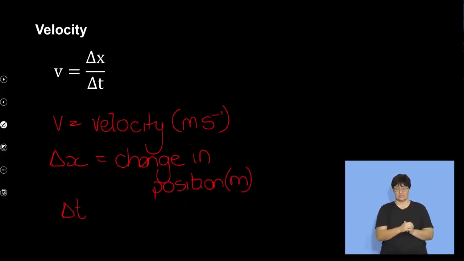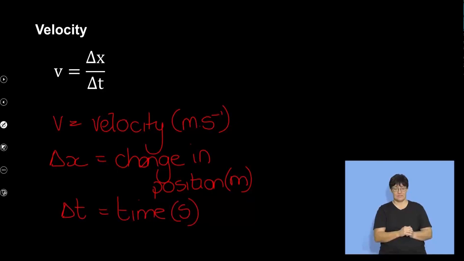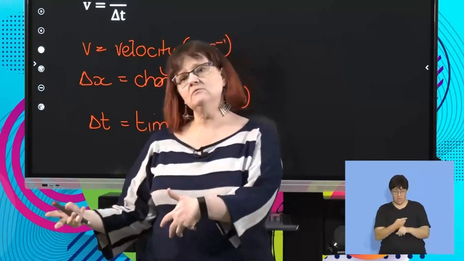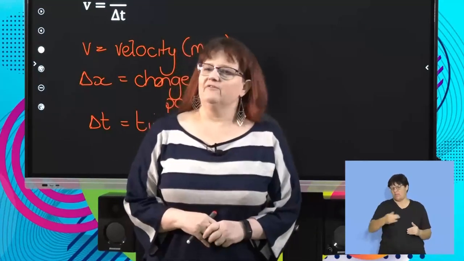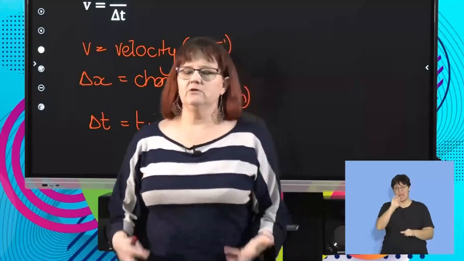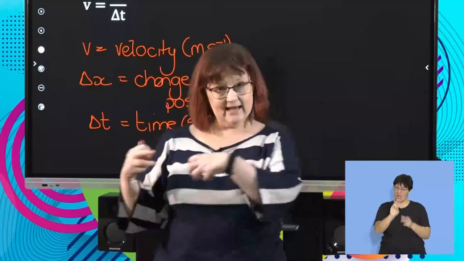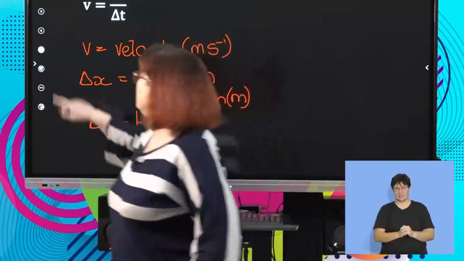Delta t is time, measured in seconds. Again, I could describe velocity in kilometers per hour, but we don't want to do that very often, okay? We really want to be using meters per second because that's the SI unit, okay?